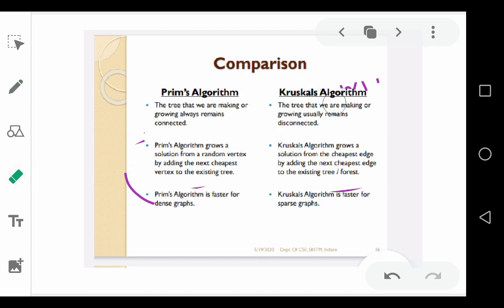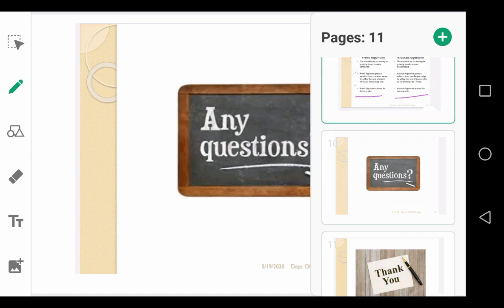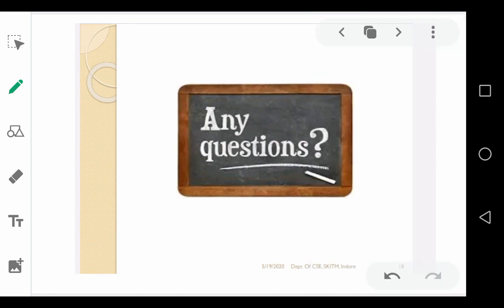Now let us see the third difference, the major difference between Prim's and Kruskal's algorithm. Prim's algorithm is faster for the dense graph, whereas Kruskal's algorithm is faster for the sparse graph. So in order to find the minimum spanning tree, we can use Prim's algorithm or Kruskal's algorithm.